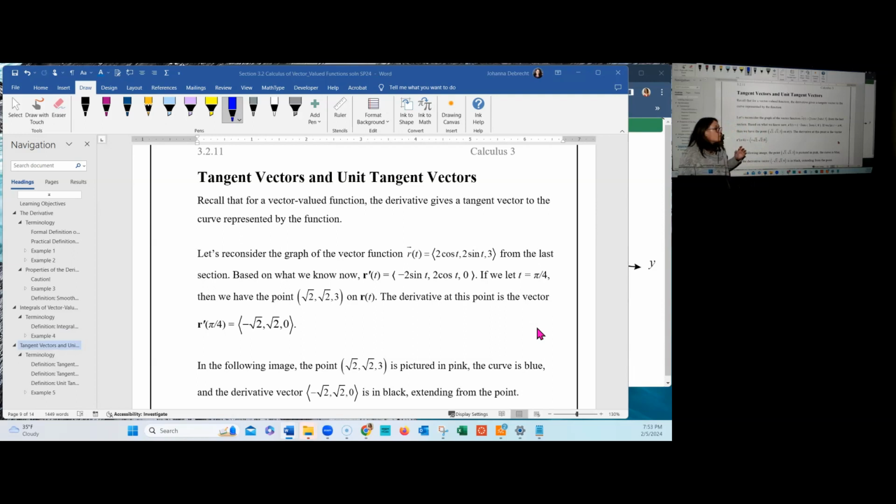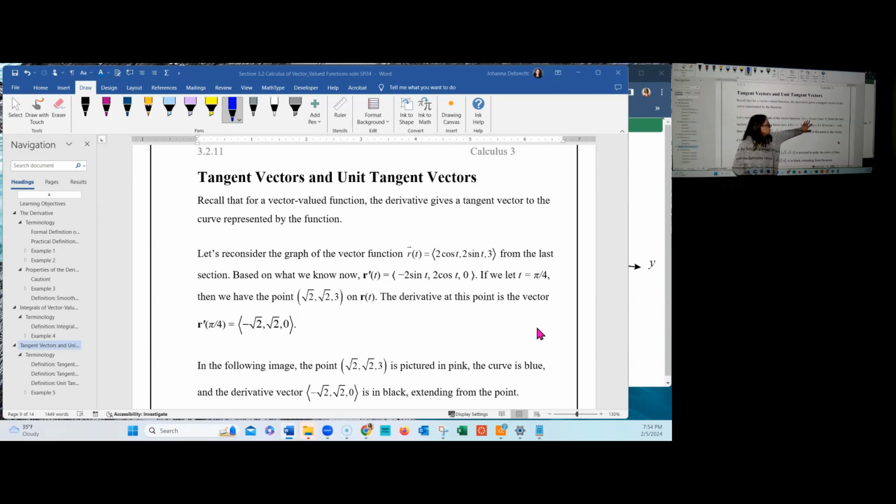Now, we know, based on what we've learned in this section, that r prime of t would be negative 2 sine of t for the i hat component, 2 cosine t for the j hat component, and 0 for the k hat component. If we let t be the value pi over 4, then we can find the value of the vector valued function r of t at pi over 4.